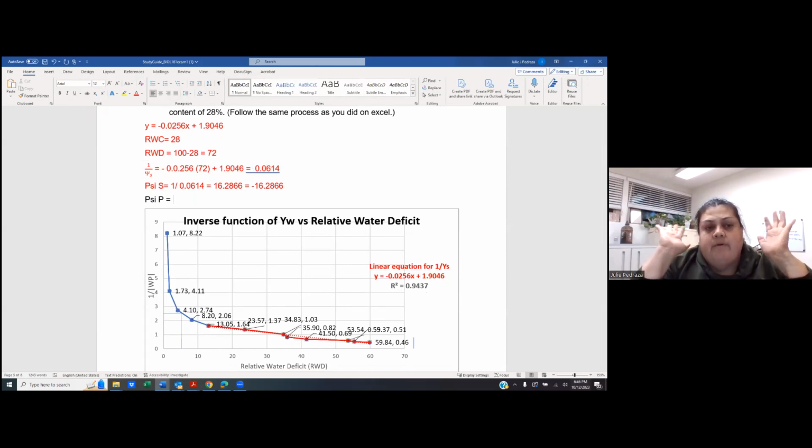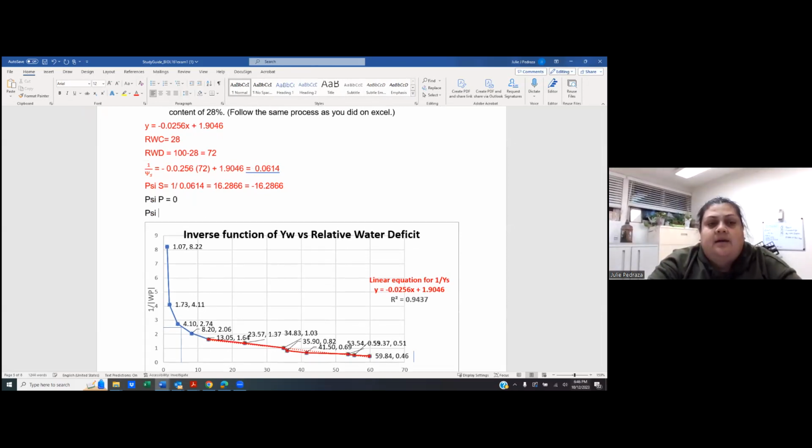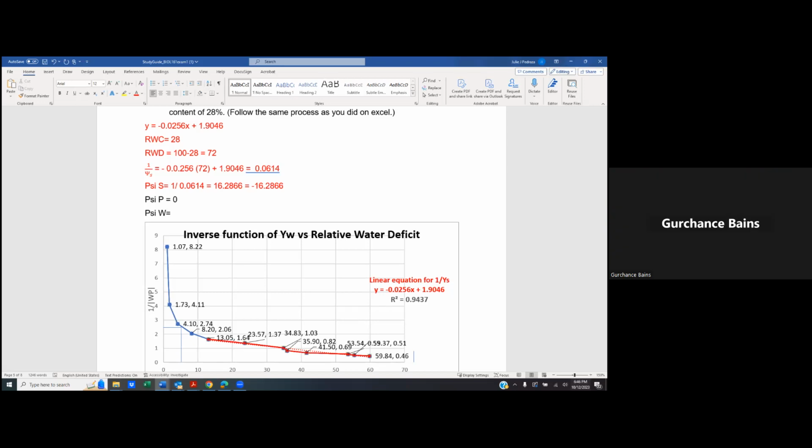We don't have to even go any further. What's psi p? 0. Mm-hmm. Which means that psi w is what? Equal to psi s. Correct.